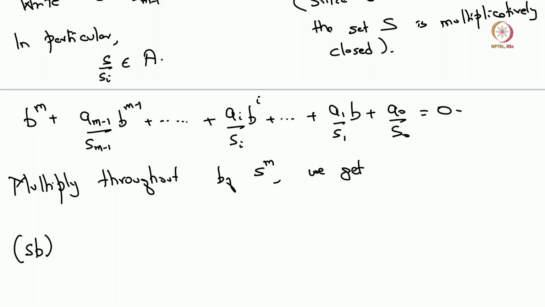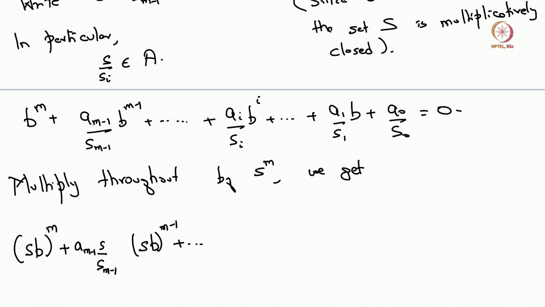I have s to the m times b to the m, and I can collect it and write this as sb raised to m. Now I collect m minus 1 copies of s and m minus 1 copies of b, so I have sb to the m minus 1, and what's remaining is A_{m-1} s divided by S_{m-1}.